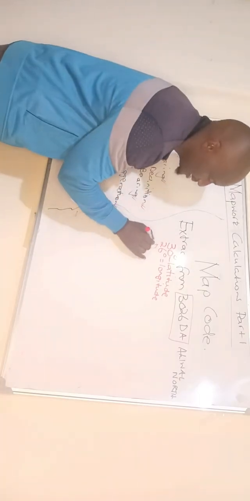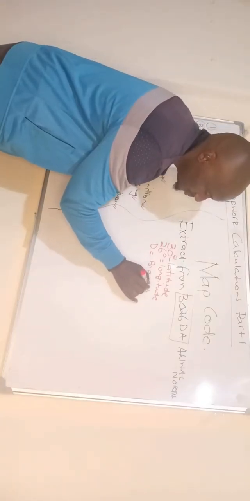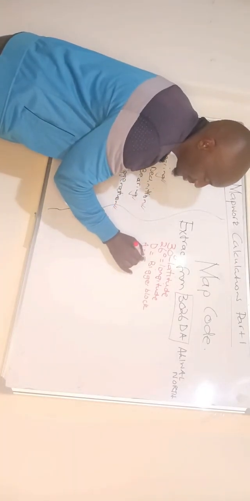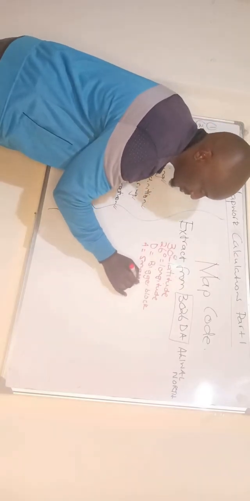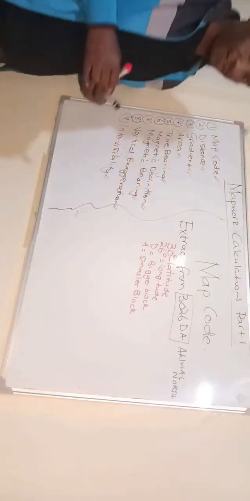Then your D represents the bigger block. Then your A represents the smaller block. So that is the first thing.